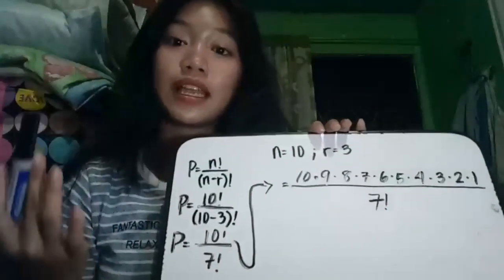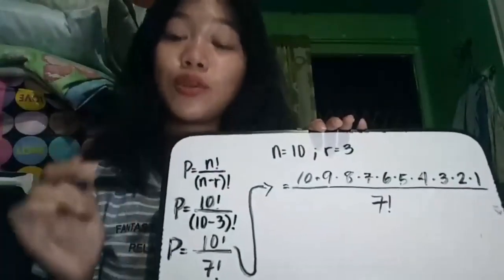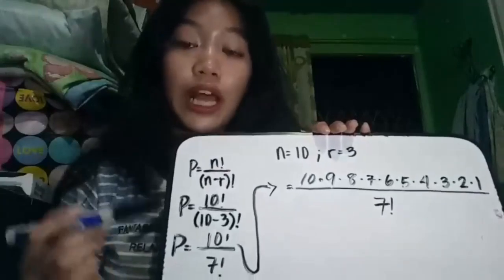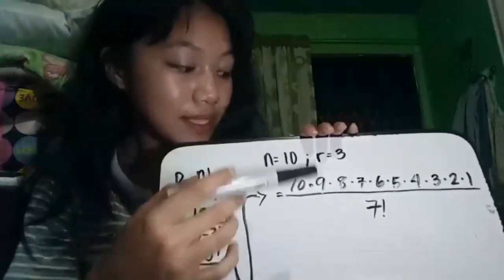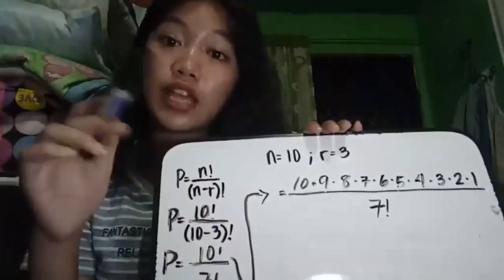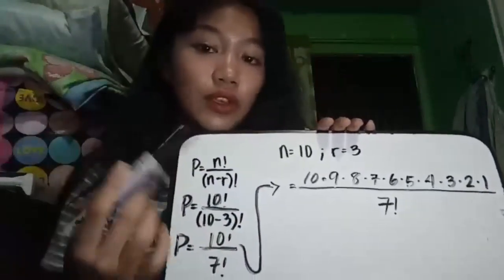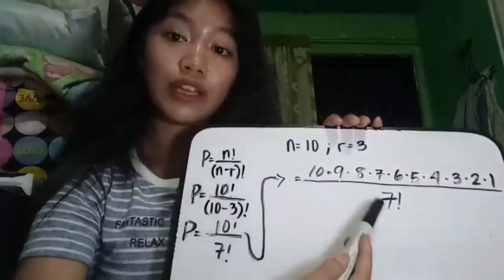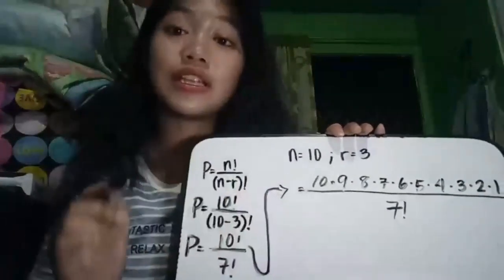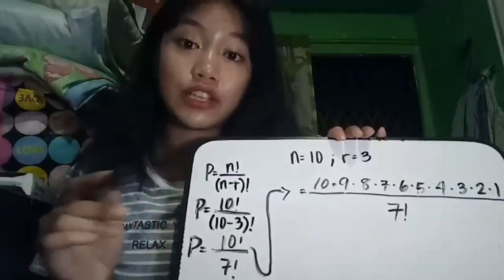so ngayon naman dito natin i-expand yung numerator niya, yung 10 factorial. So yung 10 factorial natin magiging 10 times 9 times 8 times 7 and so on hanggang 1. So in this case, di na natin ginawang expanded form yung 7 factorial, yung ating denominator, kasi pwede natin siyang i-cancel diretso na.